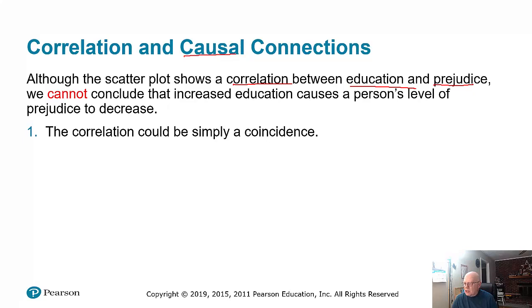That correlation, even if it exists, could be a coincidence. There's one famous example that I read about years ago, and it found the correlation between teachers' pay and alcohol sales in a particular county.